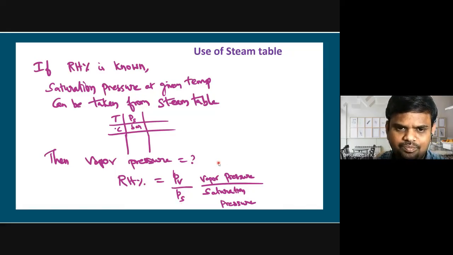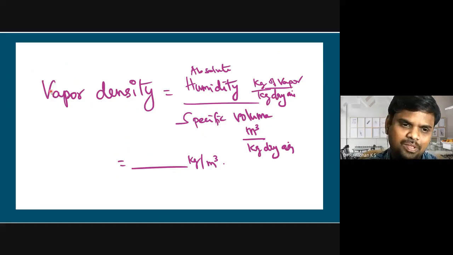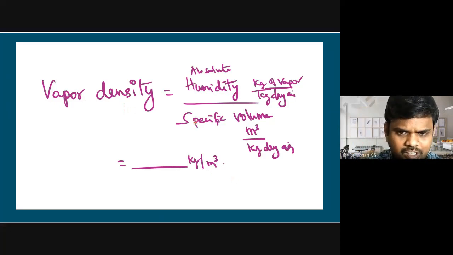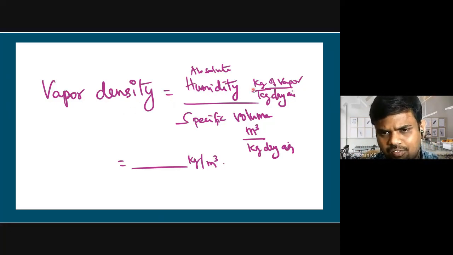And another term is vapor density. What is vapor density? It is the ratio of absolute humidity divided by specific volume. See, you have defined what is mass density. We should get kg per meter cube, right? So similar to that, what is the vapor density? The density of vapor is vapor density. So how can we get it with the data that is available from the psychometric chart?